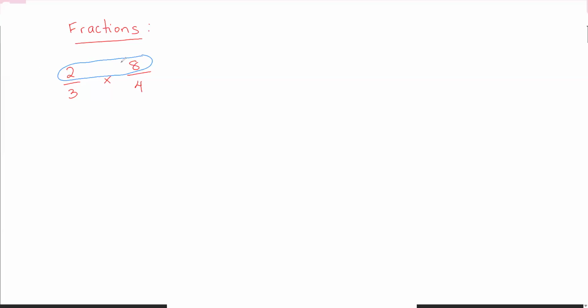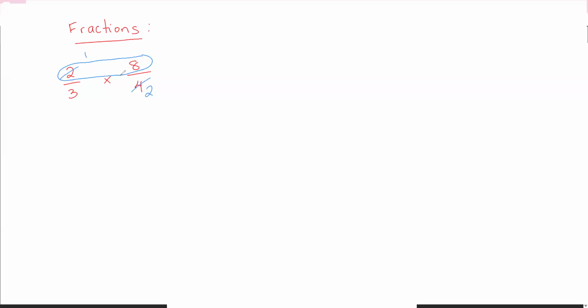So we have 2 and 4. 2 and 4, you could find them both in the 2 times table. So whichever timetable you could find both numbers in, you're going to use that number to break down each of them. So 2 could go into 2 once, and 2 could go into 4 2 times. Right?